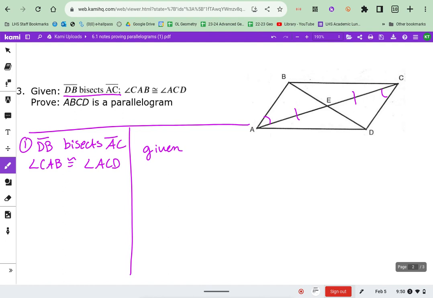We can use diagonals bisect to prove it. You have to prove 2 different triangles are similar.